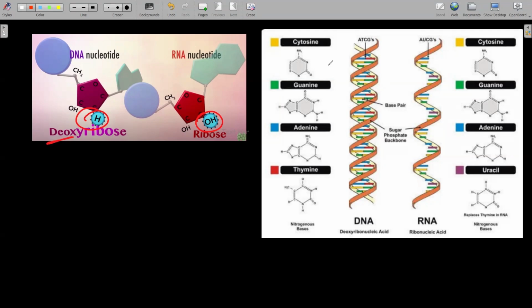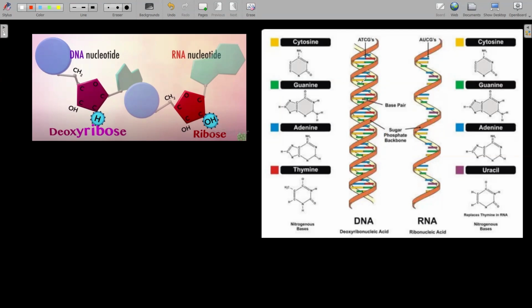Now let's do a little recap of the differences between a DNA molecule and an RNA molecule. DNA is always double-stranded, and RNA is always a single-stranded molecule.